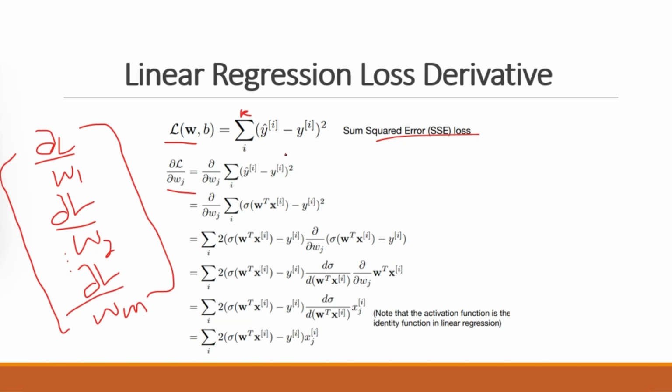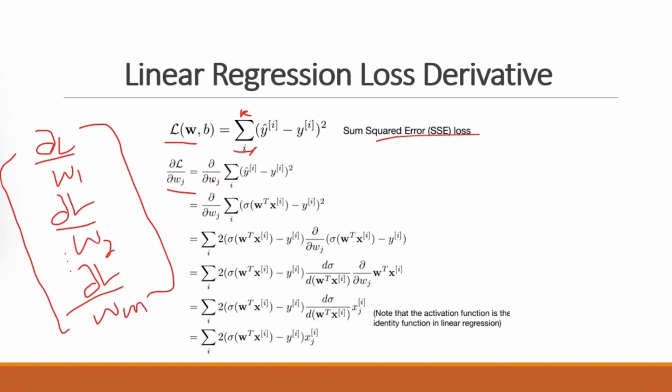This goes back to what I explained in a previous video, where we have the online mode, mini batch mode, and batch mode. How we compute the gradient is the same concept, except that here we have this sum everywhere. You can also ignore the sum, and then it would be the online mode.